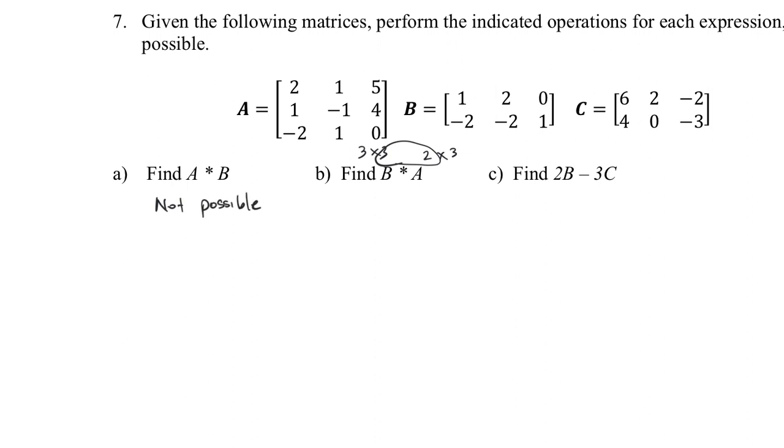Now B times A, matrix B is a 2 by 3, and matrix A is a 3 by 3. So those two inside numbers are the same. So B times A will work.